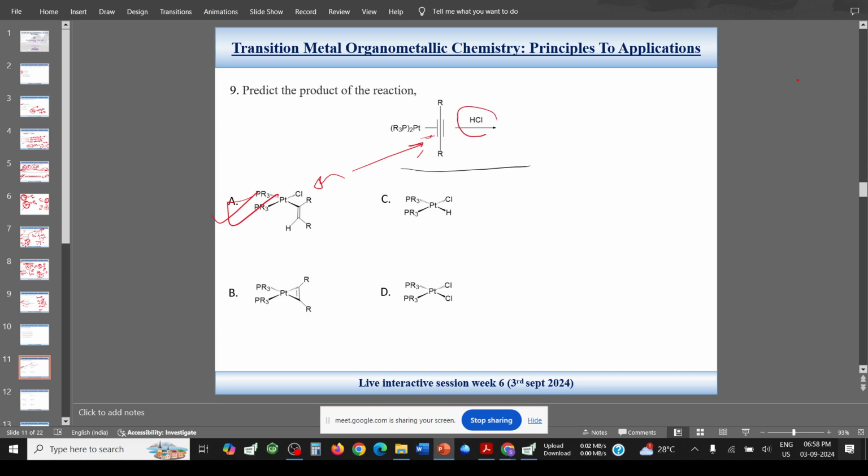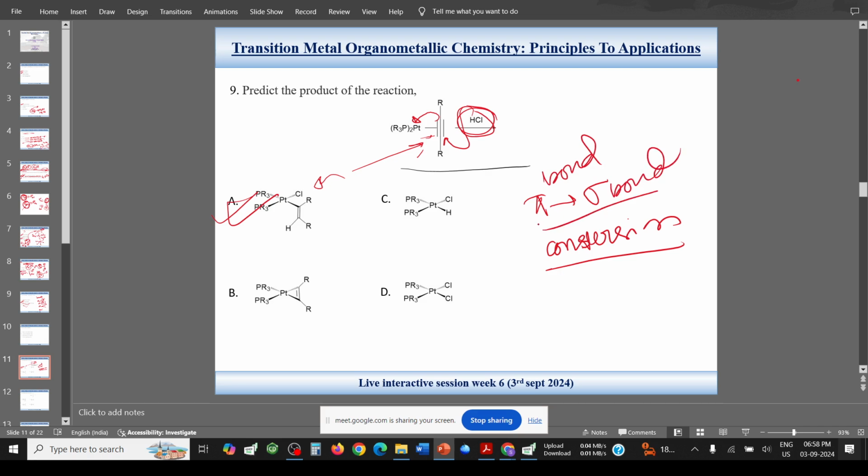So in presence of HCl, this hydrogen will add here, and this will form a sigma bond with the metal. So this is an example of pi to sigma conversion in presence of HCl. So conversion of a pi bond to a sigma bond metal complex.